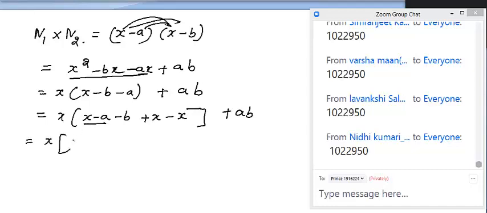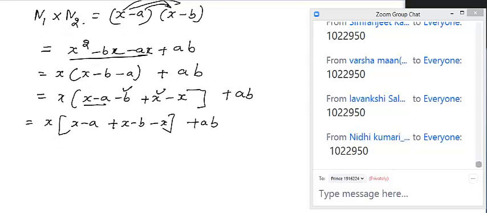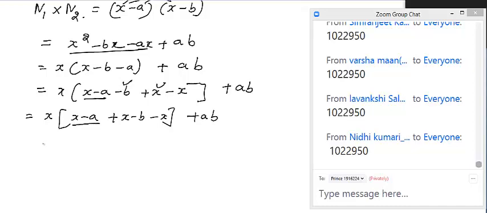Now x minus a as it is, x minus b as it is, minus x plus ab. See, this is the number n1, this is the number n2. You are adding the numbers, minus x, this is the base, plus ab.